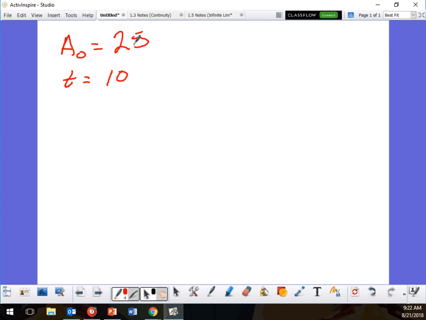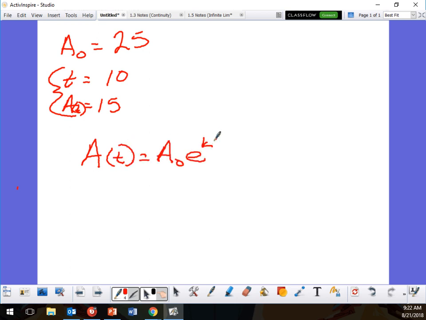So it's 15 when t is 10, and these go together. My formula was A of t equals A sub naught e to the kt.